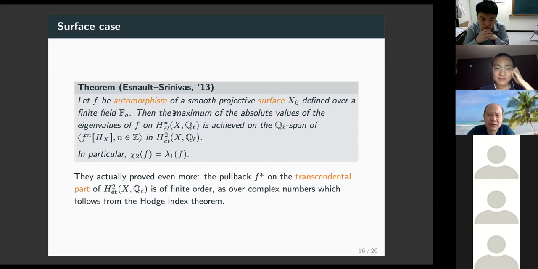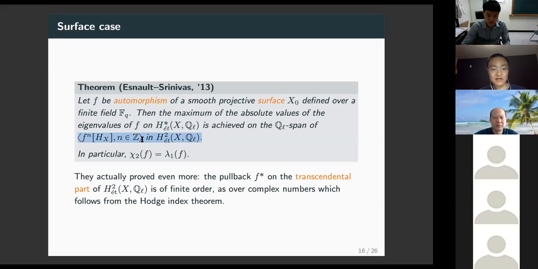They show that the maximum of the absolute values of the eigenvalues of the action on H star, since the dimension of X is 2 we have H0, 1, 2, 3, 4, is achieved on the Q_l span of the polarization, or the span of f^n of h_X for any integer n.